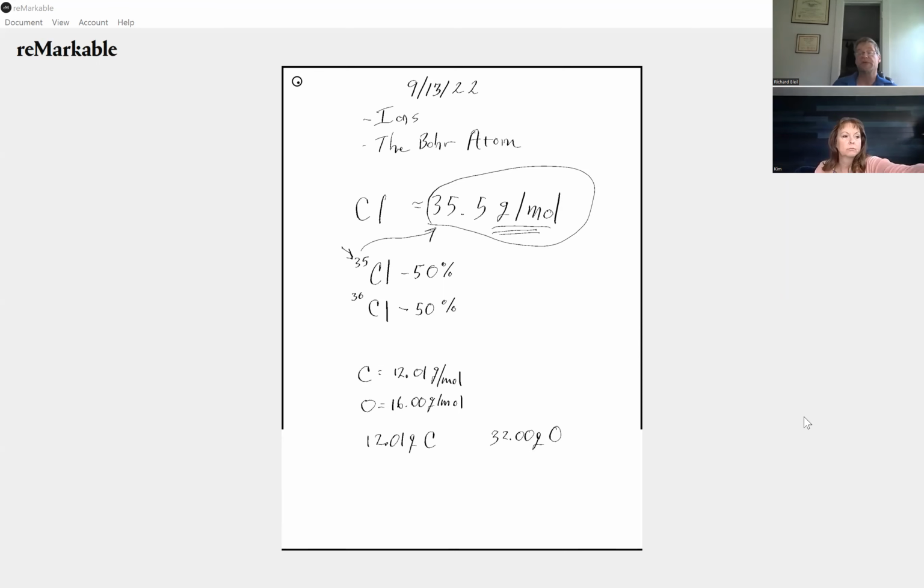But Avogadro realized that the relative masses of these elements are always the same.